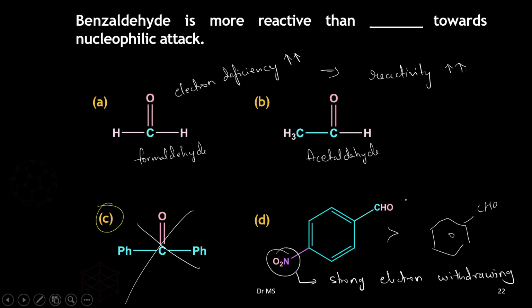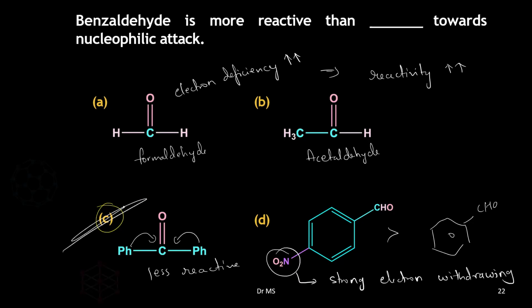So it will be more reactive than the benzaldehyde. And this is the easy answer: two carbonyl groups are attached, so there will be a positive M effect. This will be giving electrons, which creates less positivity on this carbon, so it will be very less reactive. So this will be the answer. Is it clear why option C is correct? Any doubts?